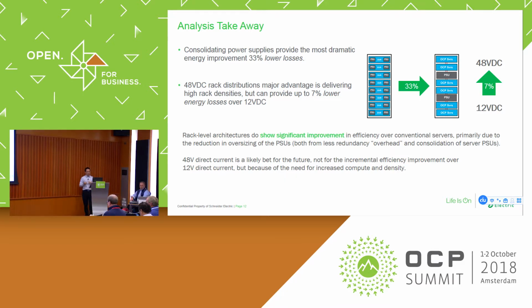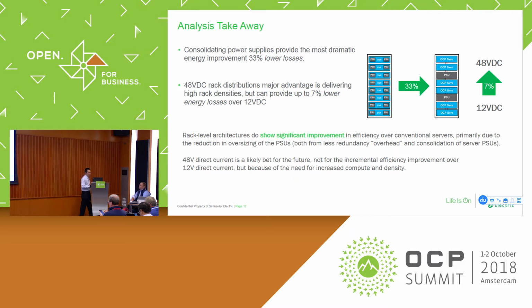Come back to the rack level architecture shown here again. The OCP architecture based on the power supply unit, centralizing all these power supply units and considering the whole design on the rack's power consumption, will save lots of energy.